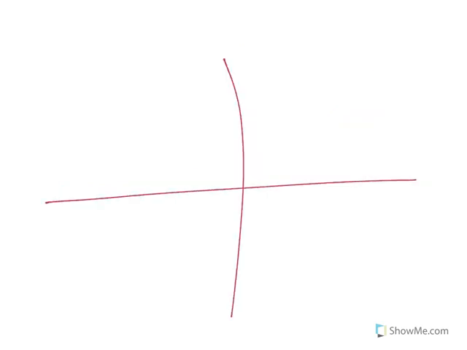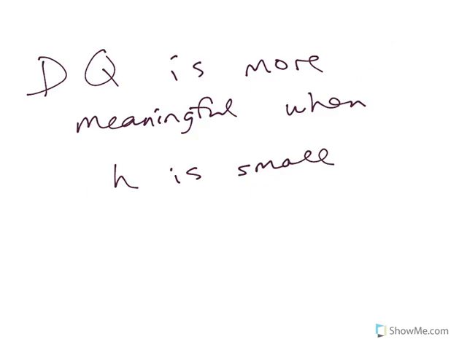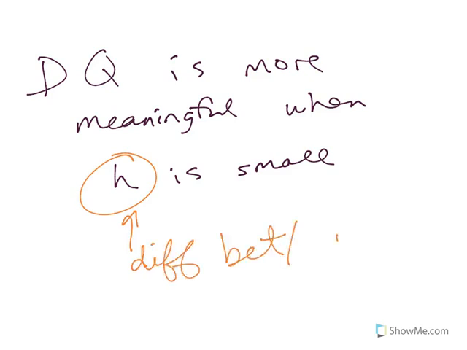Whereas if we had points here and here, where h is very small, even if we have a big curve, because the points are closer together, h is smaller, we're going to have a more accurate slope. So the smaller the value of h, or the difference between the x values, the more meaningful the difference quotient, a more meaningful slope.